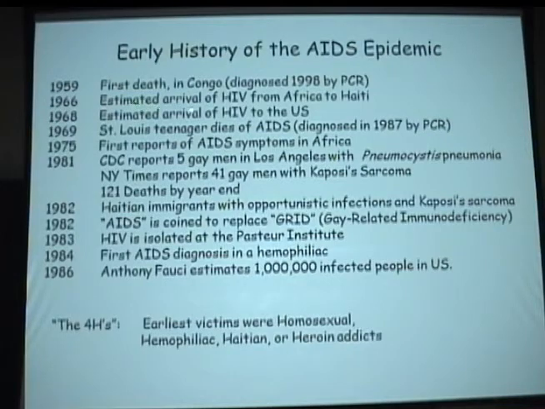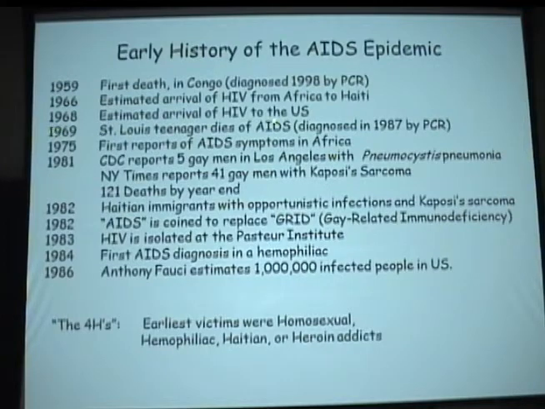An estimated arrival of HIV from Africa to Haiti. So it seems that it came from Africa to Haiti to the US. These are all done by extrapolations. Probably it came to the US around that date. In 1969, somebody died in St. Louis of something that resembled an AIDS diagnosis, immune deficiency.